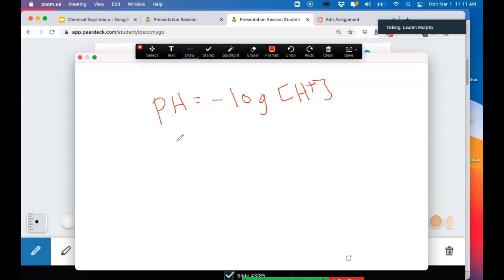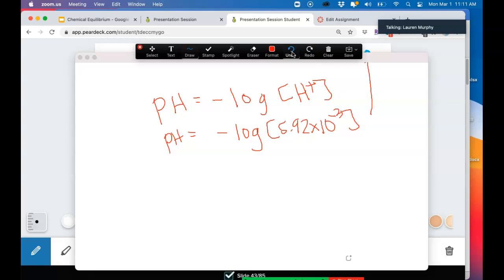So, on your calculator, find your opposite button, not your subtraction button. You should have a negative button. And then hit your log button, not your natural log button, your log button. And we just calculated the hydrogen ion concentration, right? We said it was 5.92 times 10 to the negative 3.